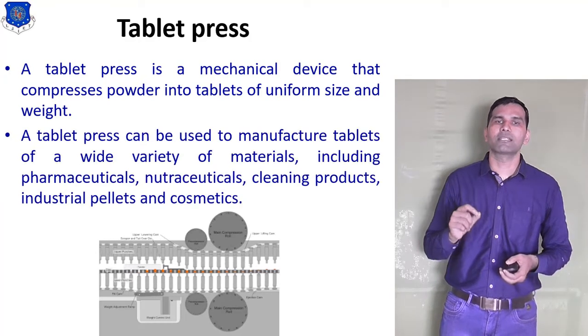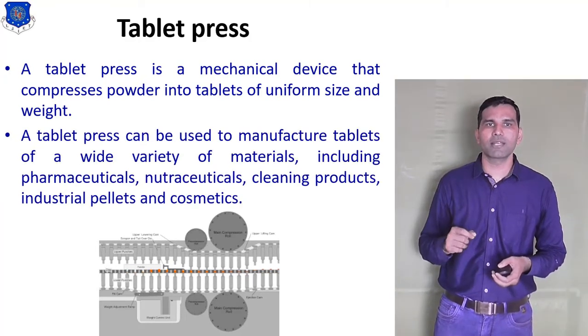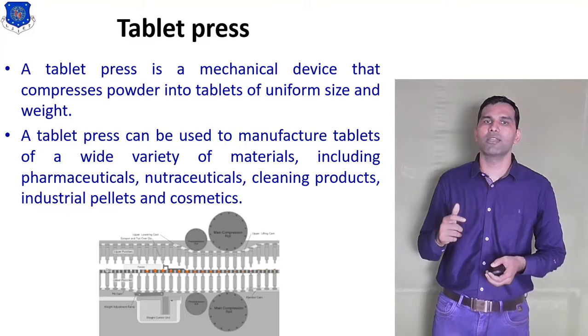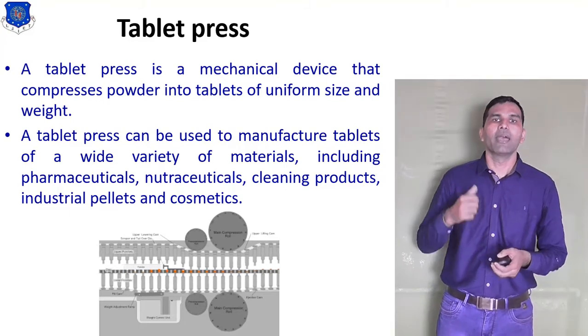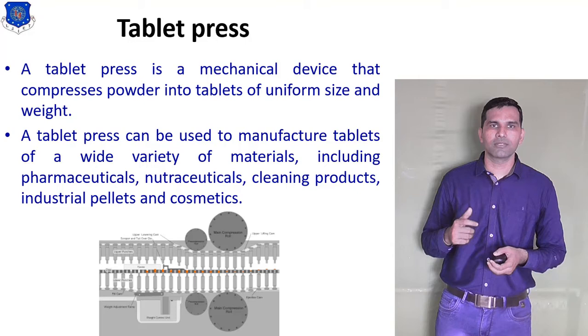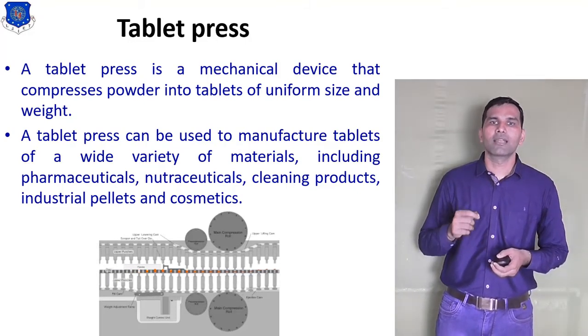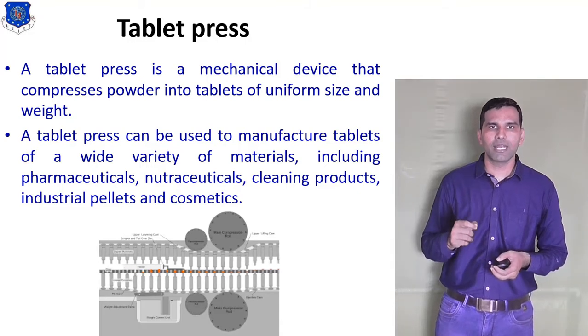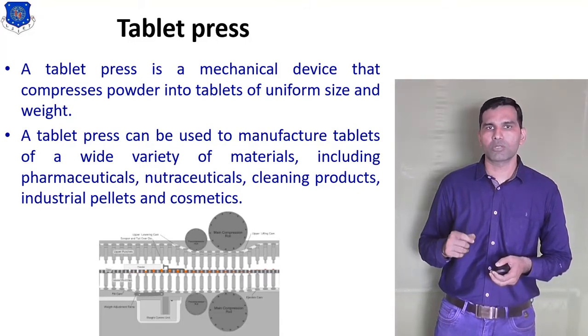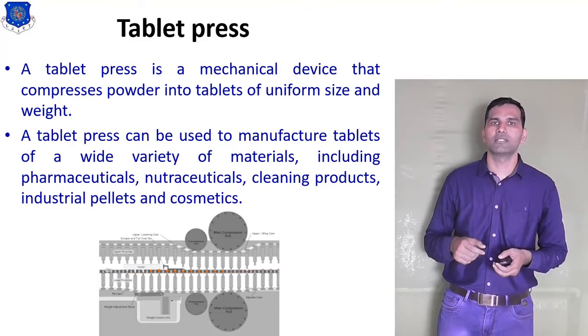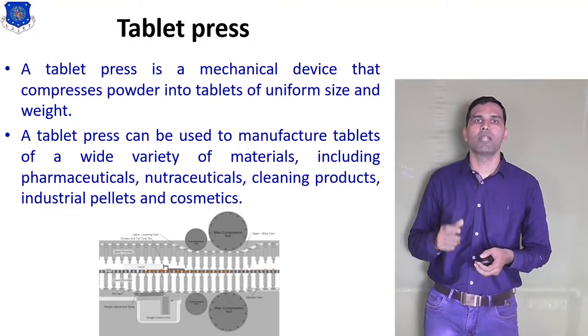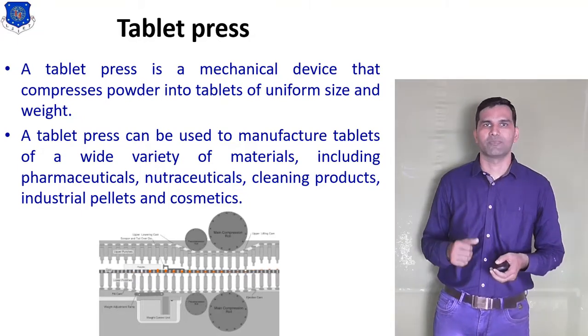A tablet press can be used to manufacture tablets of a wide variety of materials, including pharmaceuticals, nutraceuticals, cleaning products, industrial pellets, and cosmetics. So these are the applications of the tablet pressing process.